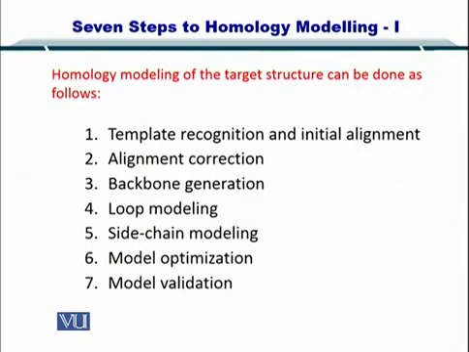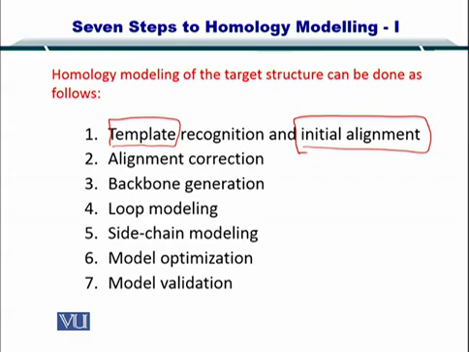So we'll briefly go over them. Any homology modeling software in bioinformatics begins by identifying which template is to be used and then performing an alignment. Remember, the template has both the sequence and the structure known.